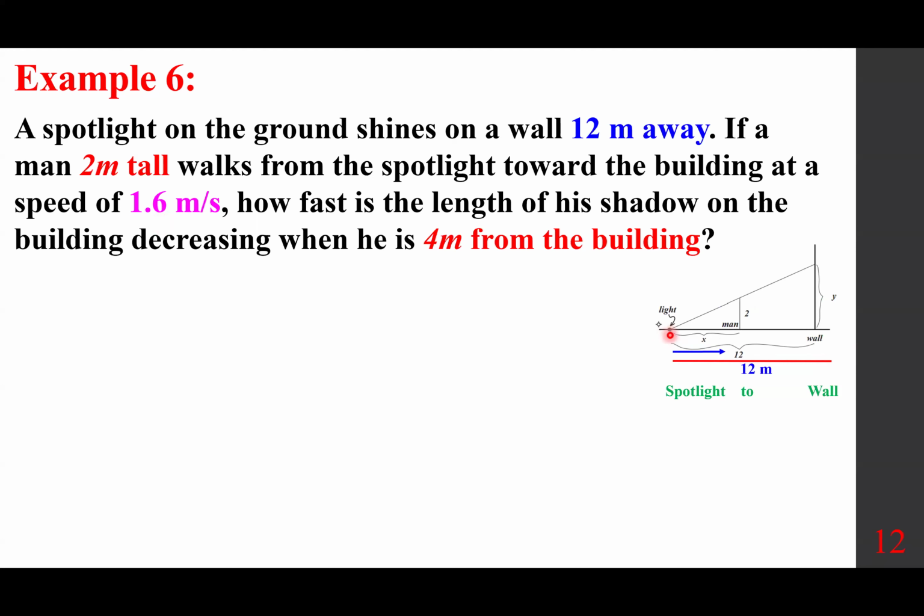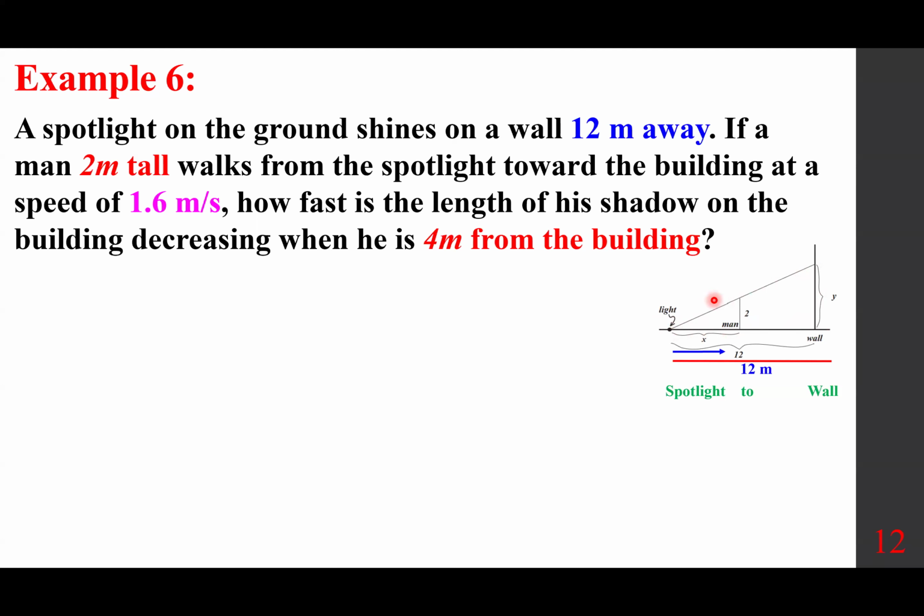So it creates this shape. The spotlight is here, the wall is here, and this is where you shine it against the wall. Then the guy shows up, 2 meters tall, and walks towards the wall.